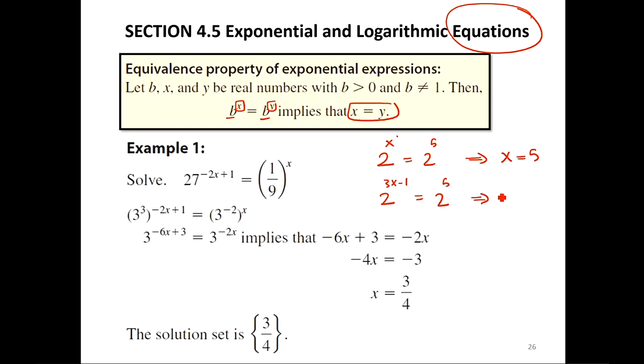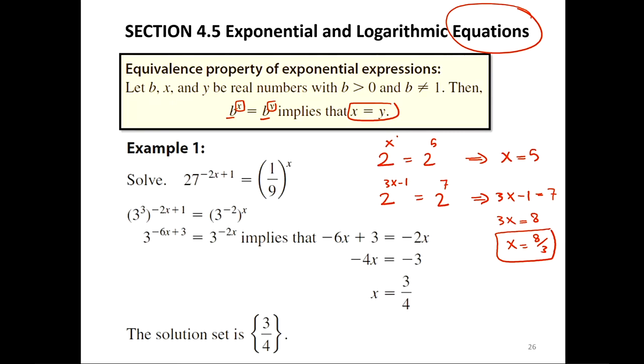So we can conclude 3x minus 1 equals 5 also. Okay, or another number, for example, 7. So we have 3x equals 8 after moving the negative 1 to the other side, then dividing by 3, so we have x equals 8 over 3. This is the value of x. An exponential equation means the x is in the exponent. You can find the x in the exponent.